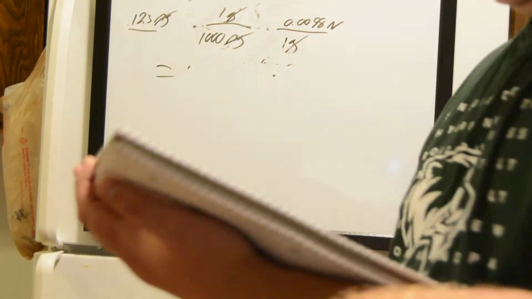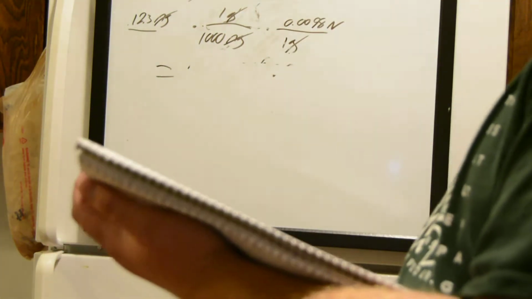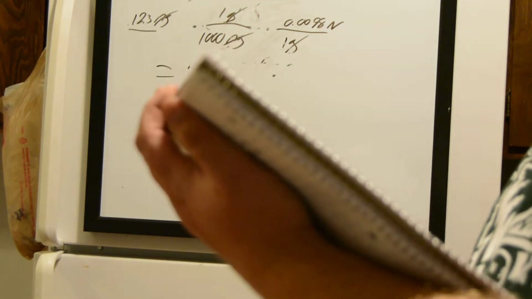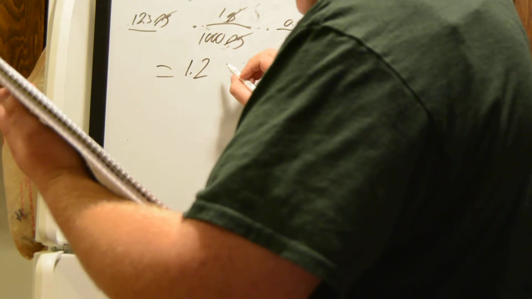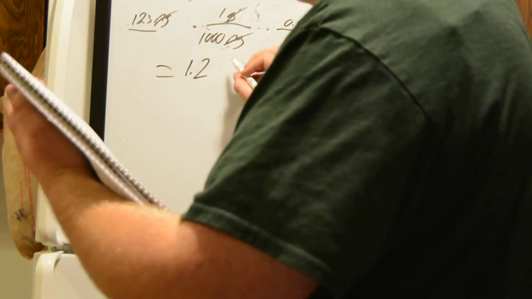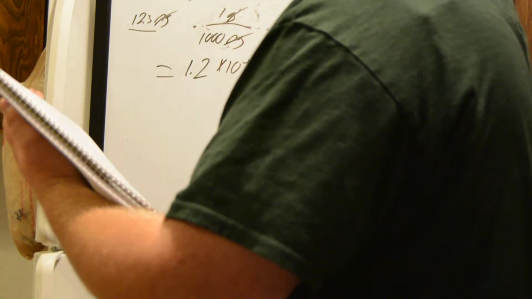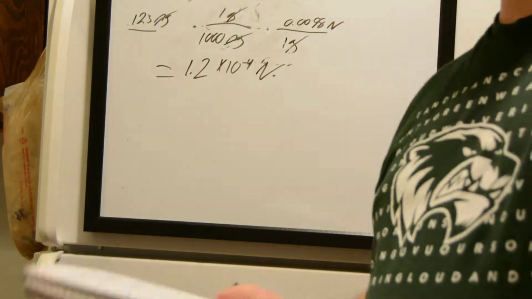And then we go ahead and multiply all those straight across. And we get that a frog hopper weighs approximately 1.2 times 10 to the negative 4th newtons.